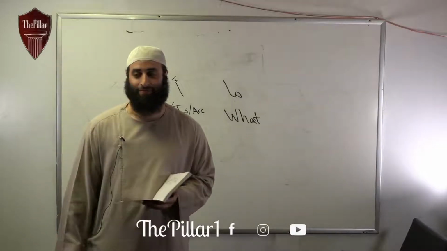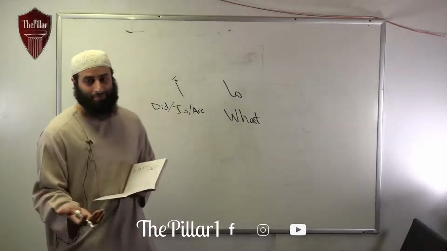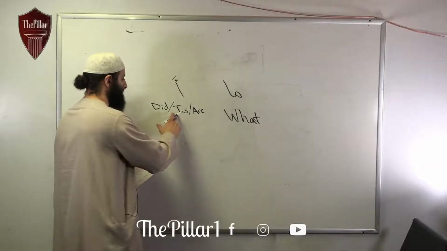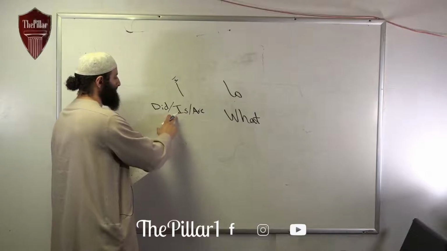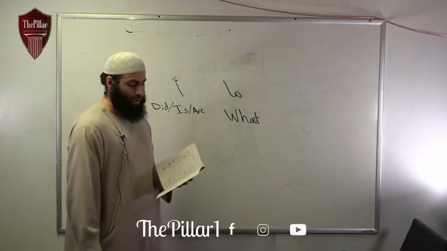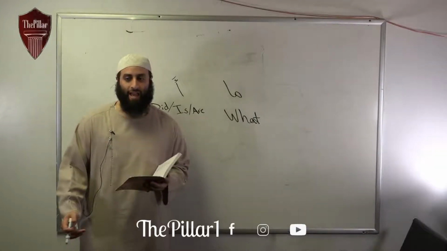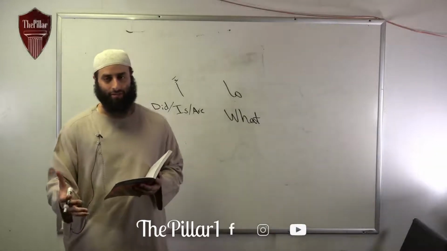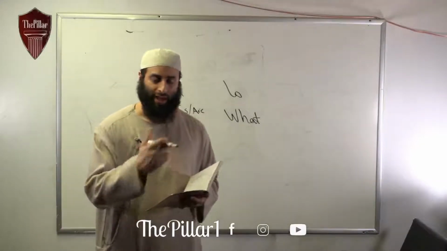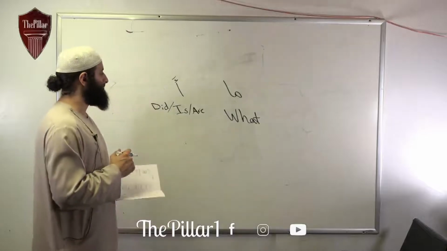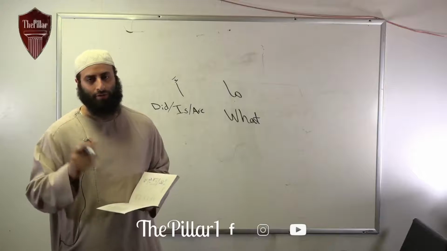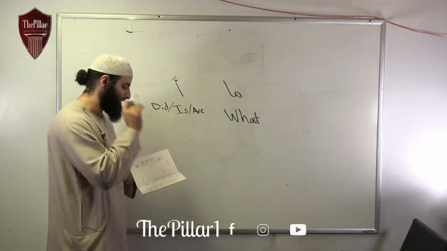It can mean did, like if I say ذهب, did he go, right? For is, like we have here, أهذا بيت, is this a house? So هذا is this, is you saying is, and then بيت, a house. And for are, like أذهبتم or أتذهبون, are you all going, right? But we'll get to that when we get to it.